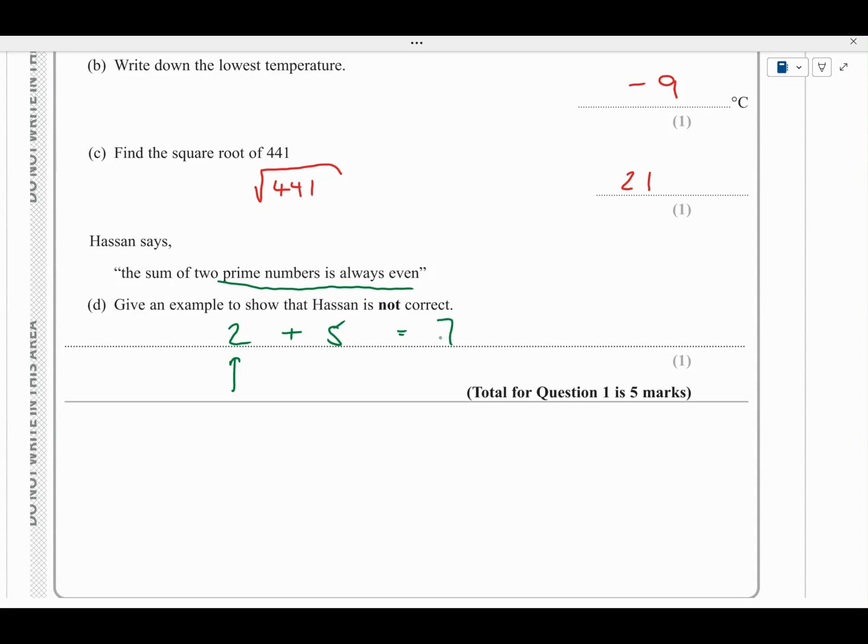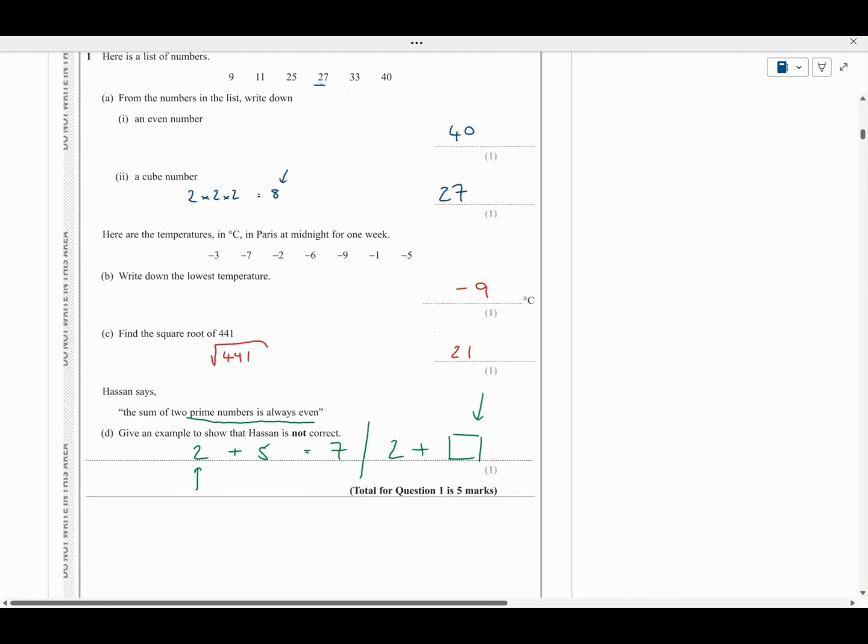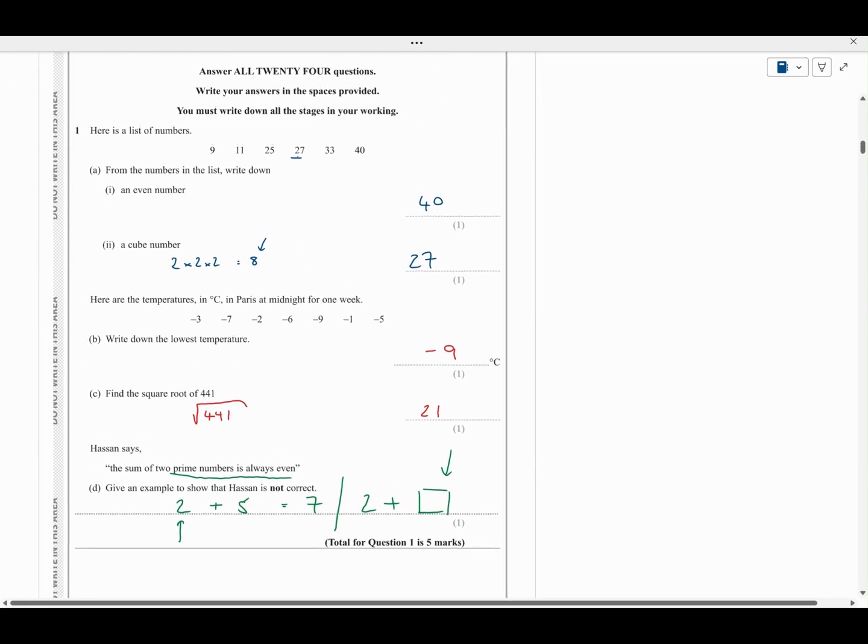Then 2 plus 5 is 7, which is not even. So there's an example. You could have had many different examples. It would need to involve 2 and then adding on a different prime number because every other prime number would be odd. Okay, that's question 1 finished.